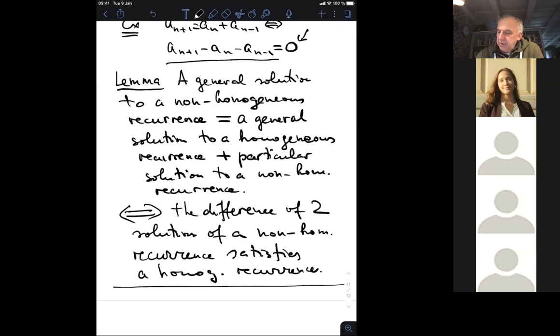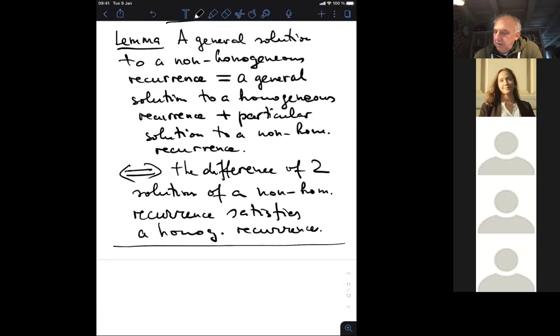So we start with homogeneous recurrences with constant coefficients. This is a very useful, but also fairly trivial class.